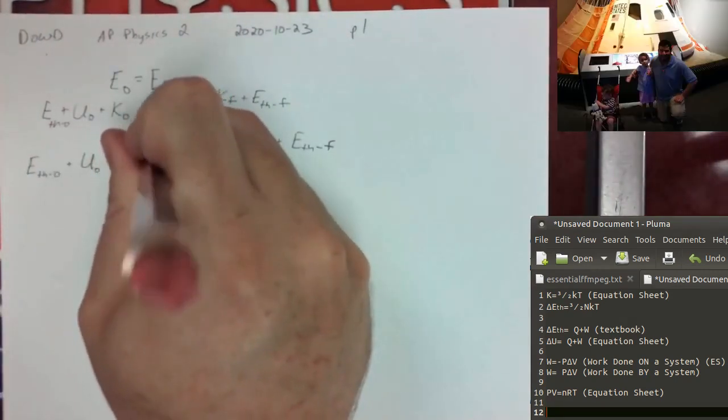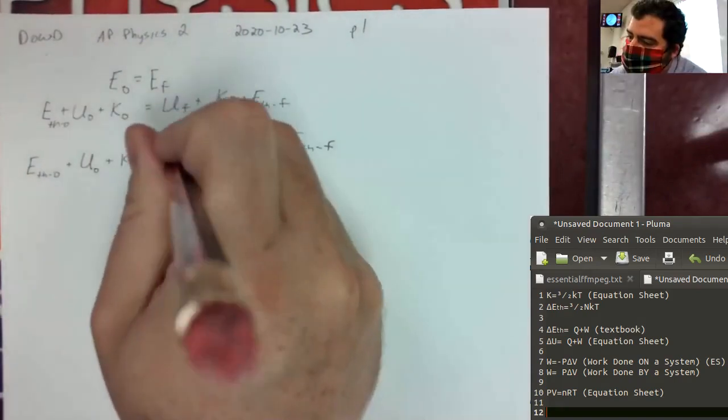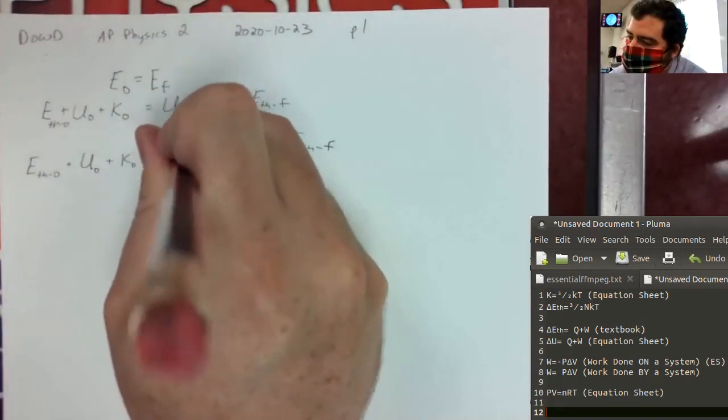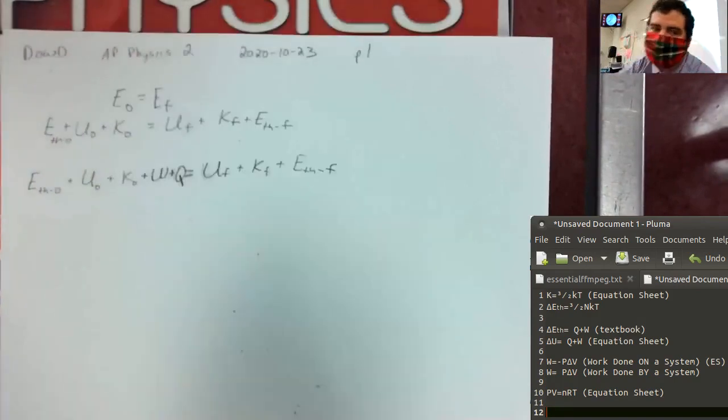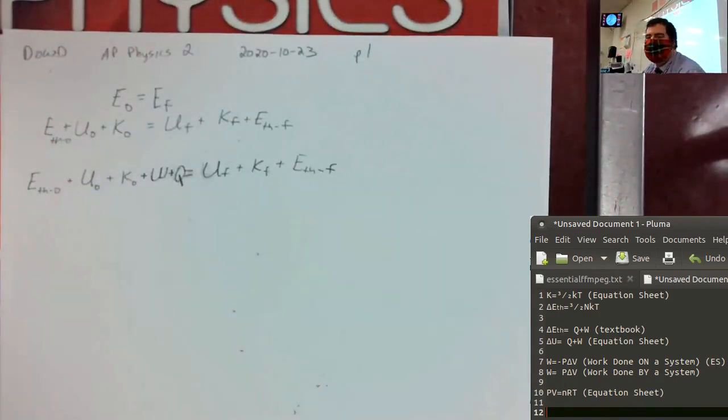So we'll leave a little space for them. So that's where energy can go in and out of a system. What I'd like to do now is combine some of these terms together. And we'll start to see where some of the equations on the equation sheet come from.